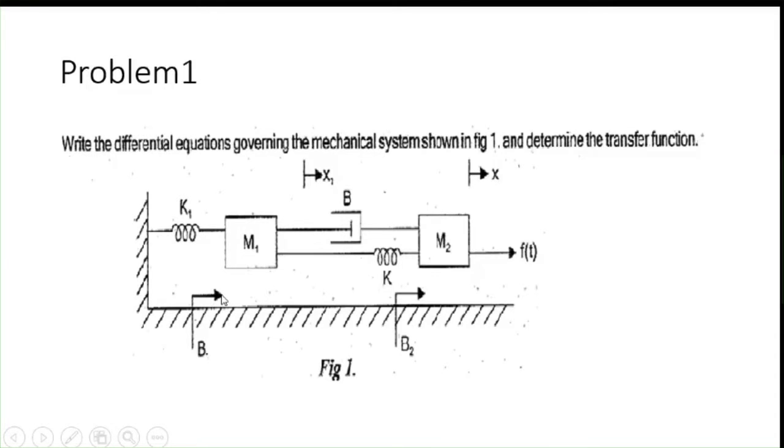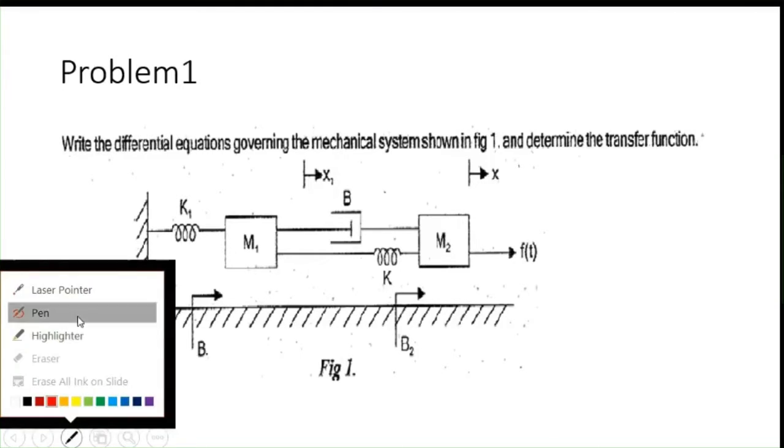For mathematical modeling, the first step is to draw the free body diagram of this particular mechanical translational model. For that, first we have to identify the nodes here.